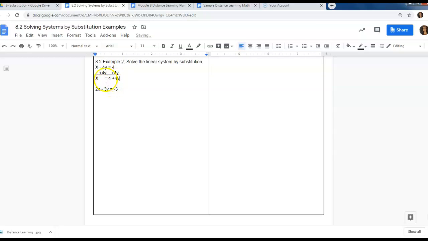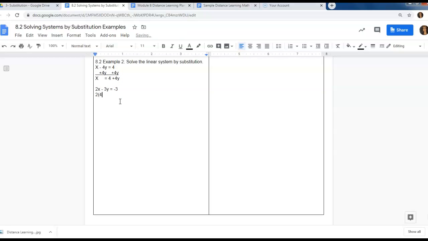Okay, now once again the first step is solve for one of the variables. Once I have a variable by itself, I substitute it into the other equation. So right here, instead of putting x, I'm going to put in 4 plus 4y. So substitution again. Here we have 2 times, instead of x, I'm going to replace it because x is equal to 4 plus 4y.